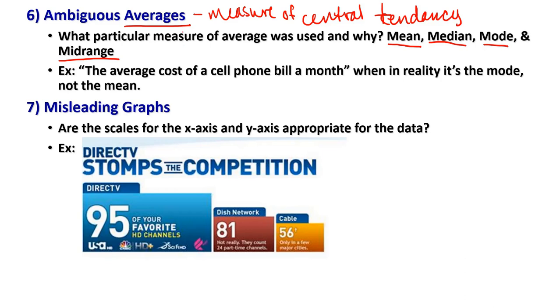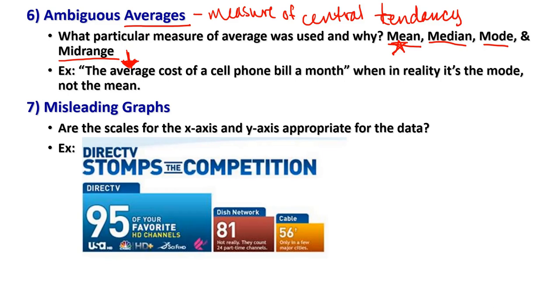So an ambiguous average is something that we will never know, unless we are the researcher ourselves, if it was truly calculated as an actual mean. So when Verizon or T-Mobile says the average cost of a cell phone bill a month for T-Mobile is, I don't know, $65, they are not telling us if that was the true calculated mean.